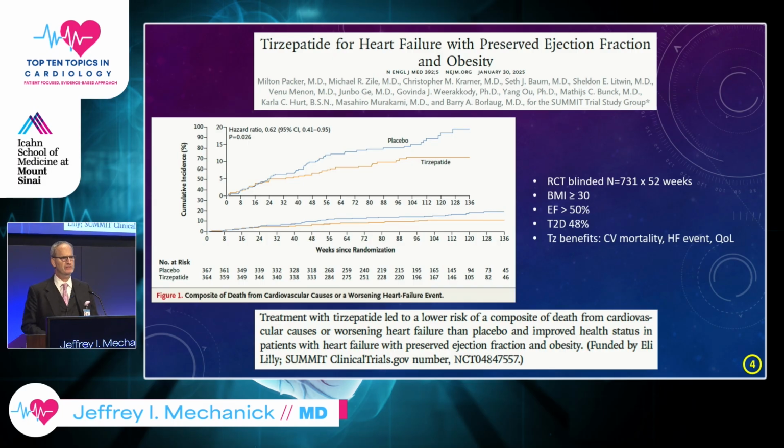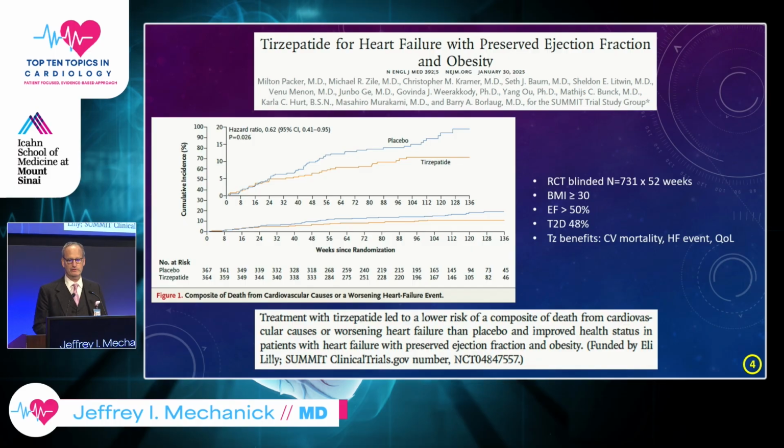You've already seen this. Dr. Mera presented this: tirzepatide for heart failure with preserved ejection fraction and obesity. So the key here is these are patients with obesity. We'd love to see this study done in patients with lower BMIs, who didn't have the ostensible indications for the incretin mimetic drugs. But in these patients, 48% had type 2 diabetes.